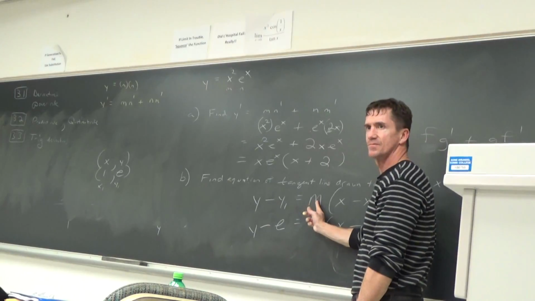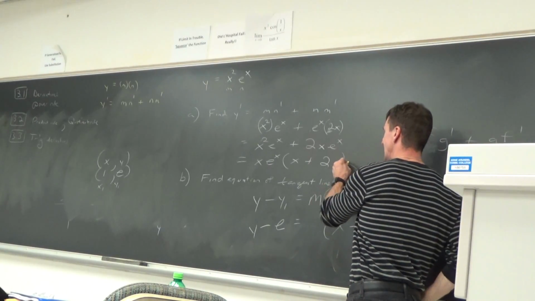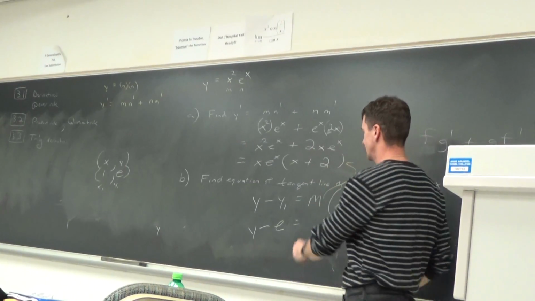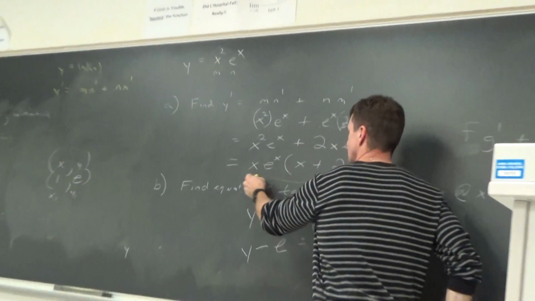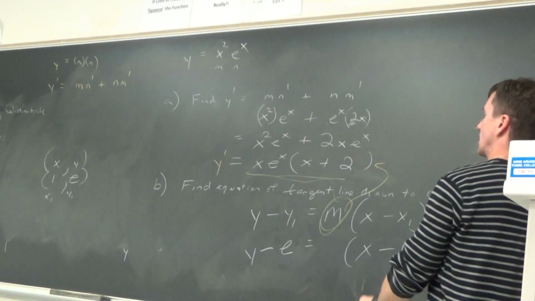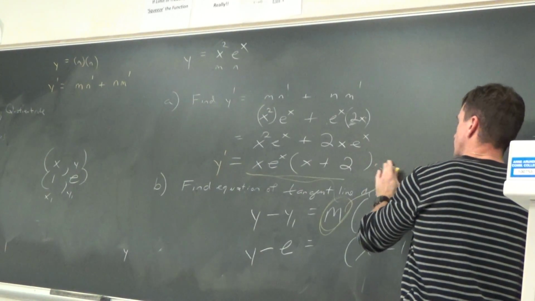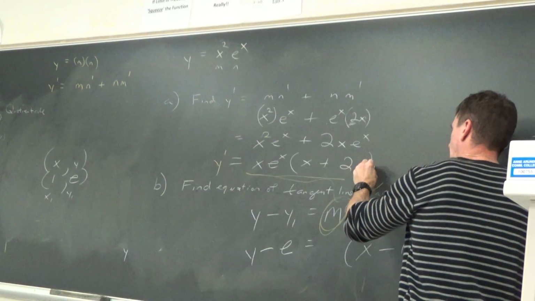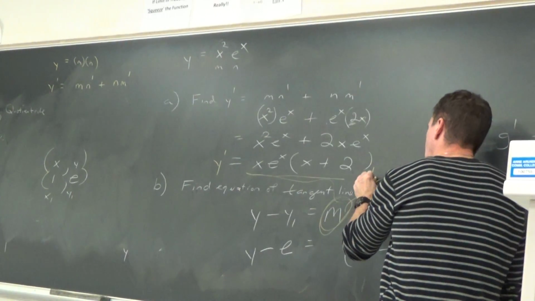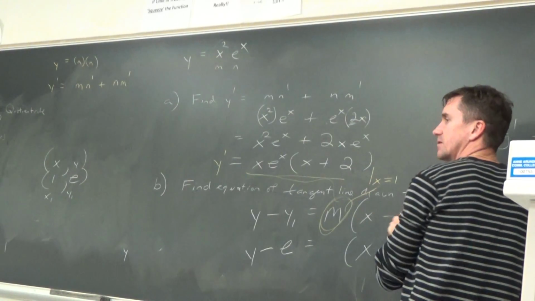On the board, somewhere is the slope. And where's the slope? It's right there, the y prime, right? y prime is slope. That's the derivative. But what do we gotta plug in here? 1. X equals 1.